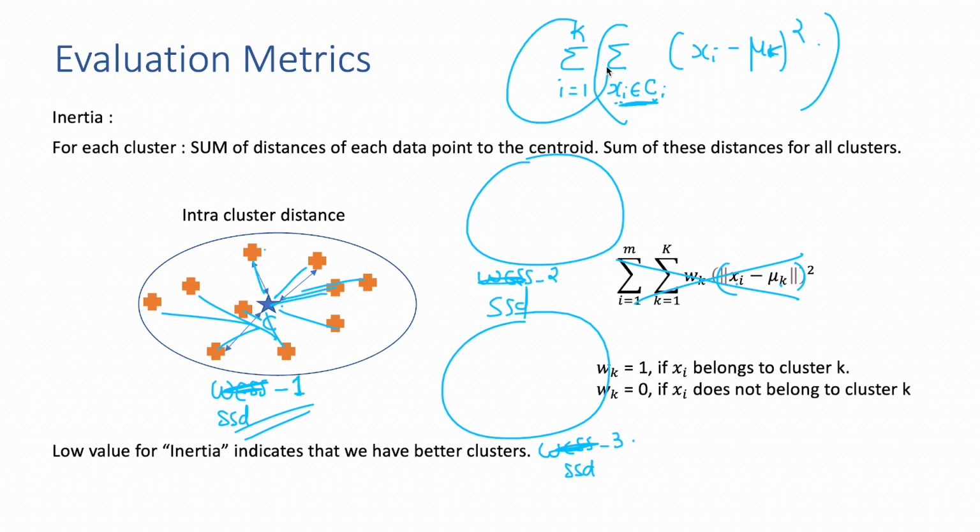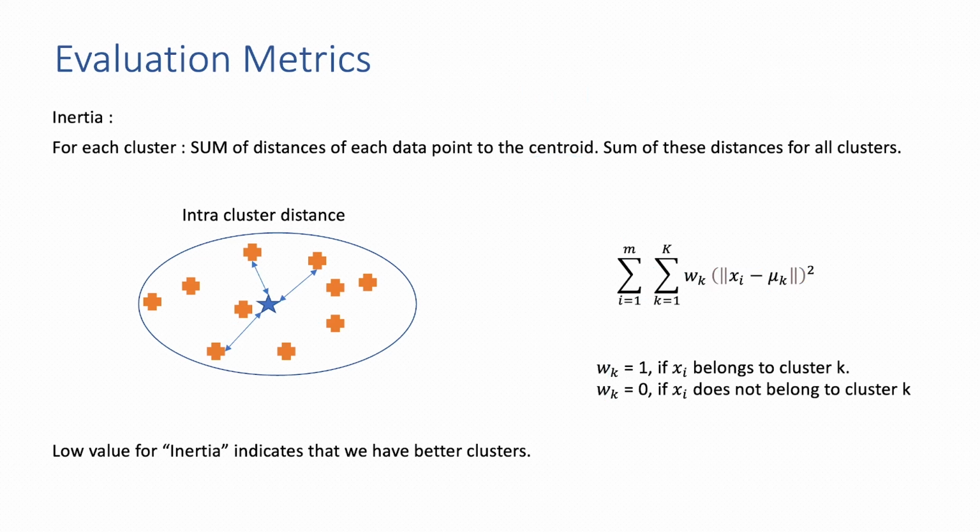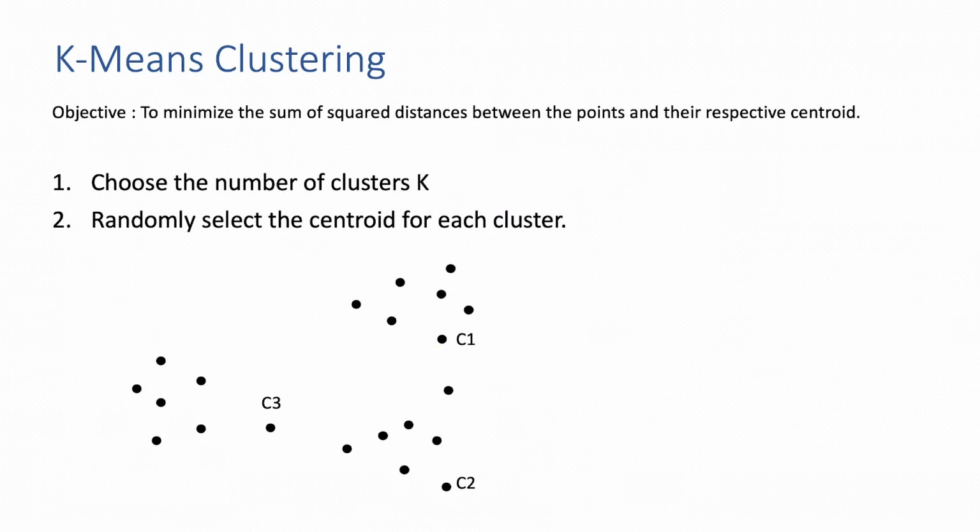If you look at the outer summation here, that means you are summing up the sum of squared distances that you obtain for every individual cluster. This particular metric is called inertia. Inertia is going to help us explain how well the clusters are defined, so how compact the clusters you have created are. That's the whole idea behind it.